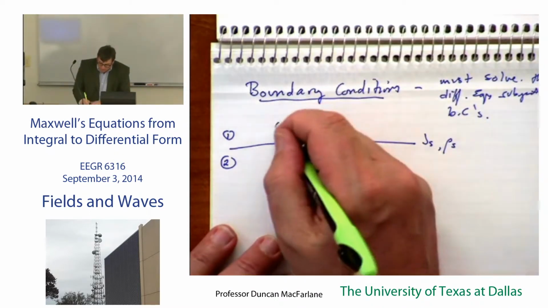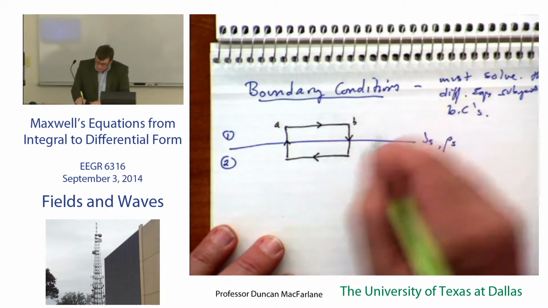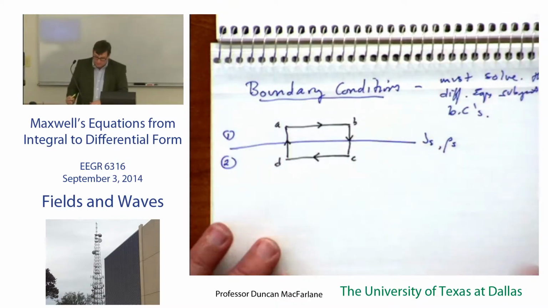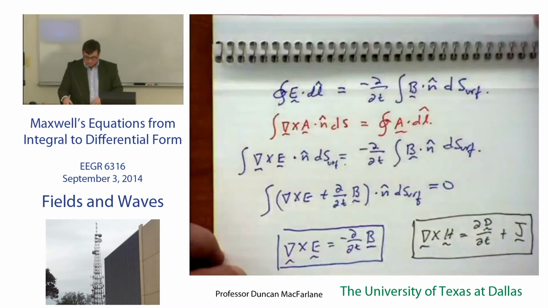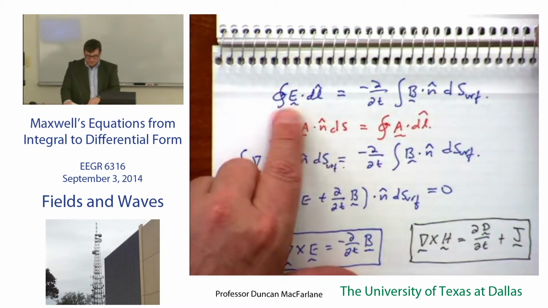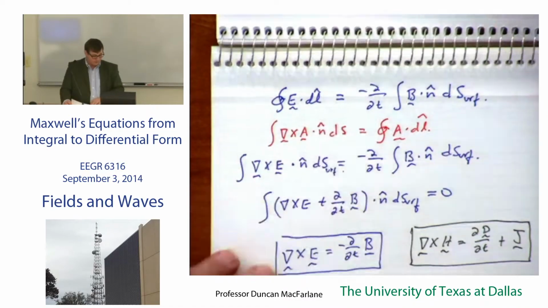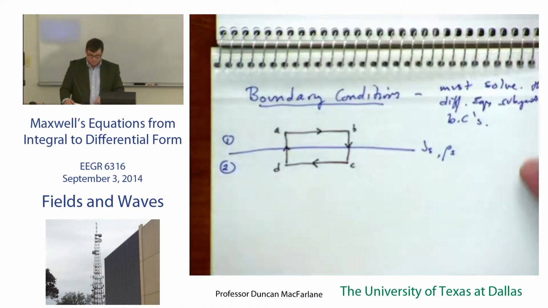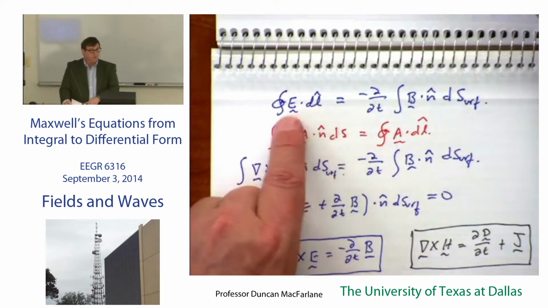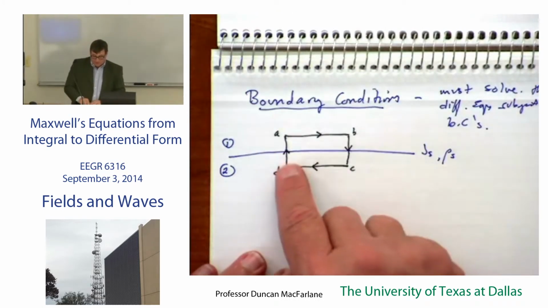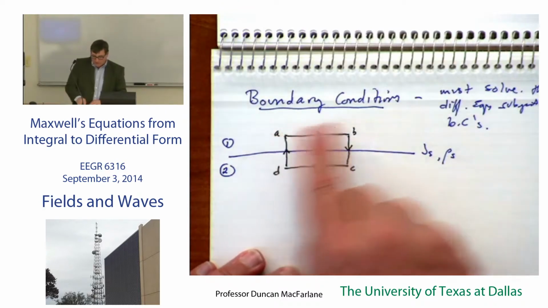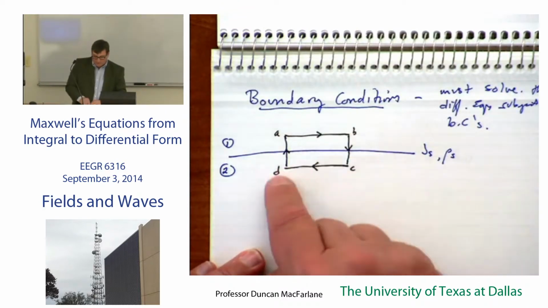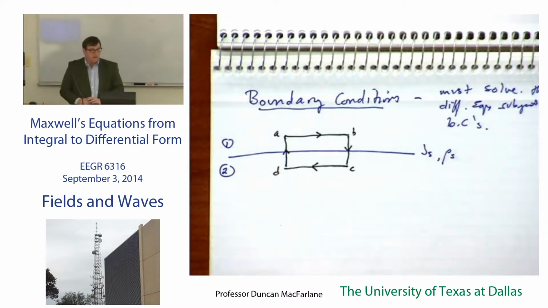I'll label my vertices A, B, C, and D. And what I've developed here is this line integral, E dot dl. So I can now move my electric field and do my line integral from A to B, B to C, C to D, and D back to A.